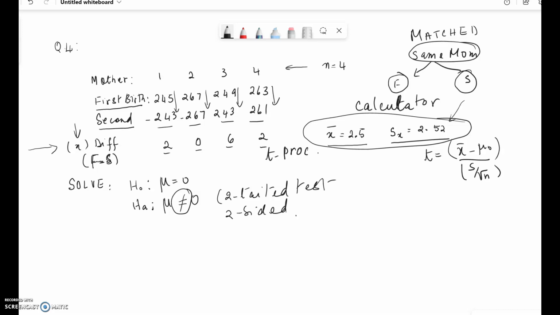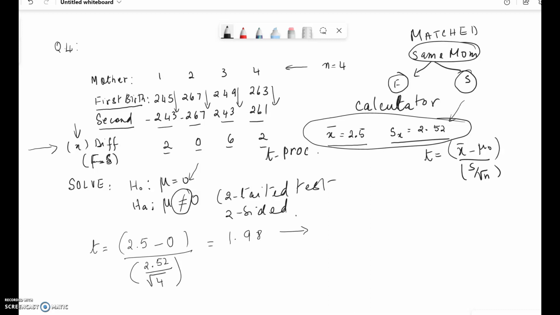Either way is correct. Now t is equal to x bar, which I get from my calculator, minus mu o, which is always 0 for a matched pair problem, divided by s, which is the sample standard deviation again that I get from my calculator, divided by radical n, which is 4. So this is equal to roughly 1.98.